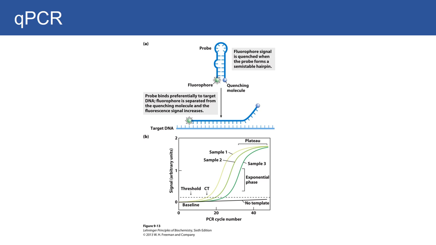Basically we have a fluorophore and a quenching molecule, and as the reaction occurs, that fluorescent probe is measured, and that gives you a signal of how many molecules have been amplified from the original stock. So qPCR and real-time PCR allow for quantification of the number of molecules you have and give you an idea of transcript level and other things.